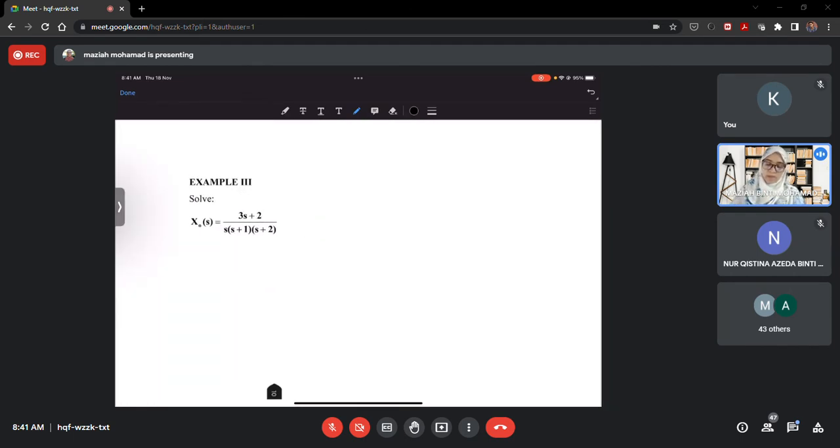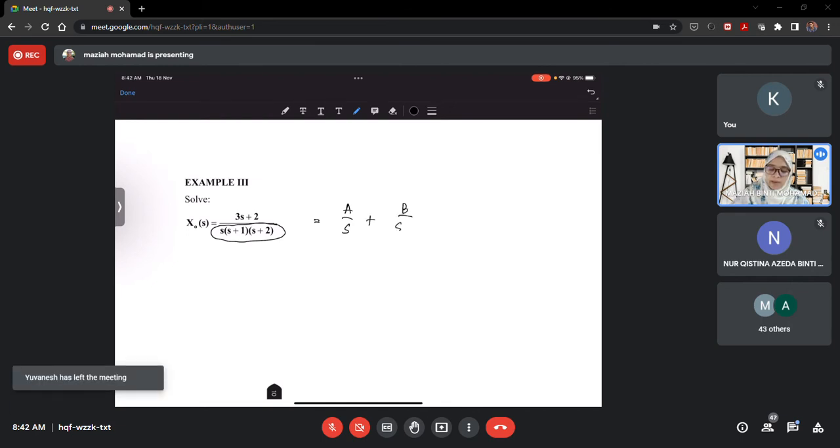Okay. As for example 3, this is just for partial fraction. So let's convert this into partial fraction. We're just going to refer to the denominator of the function. If the denominator of the function can be factorized like this, it is just going to be A over s plus B over s plus 1 plus C over s plus 2.